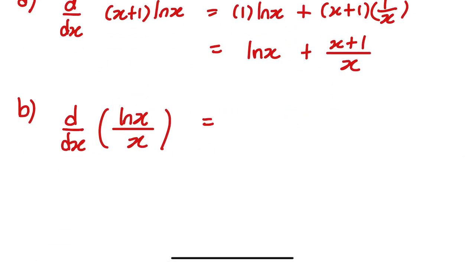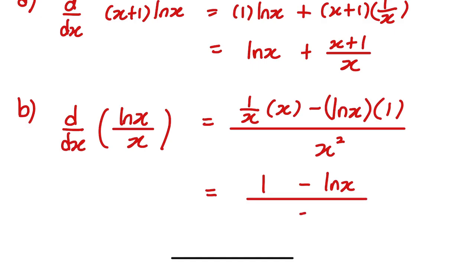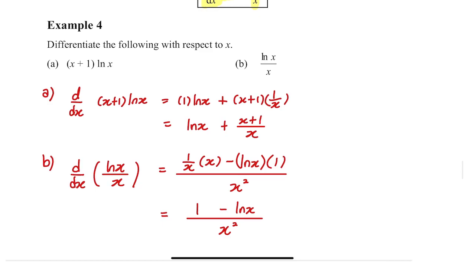Differentiate ln x is 1 over x times denominator, which is x, minus away, keep the numerator ln x times differentiate the denominator, which is 1. Then the whole thing divided by denominator square, which is x square. Simplify from here, I will get 1 over x times x will give me 1 minus away ln x over x square. And this is your final answer to example 4b.